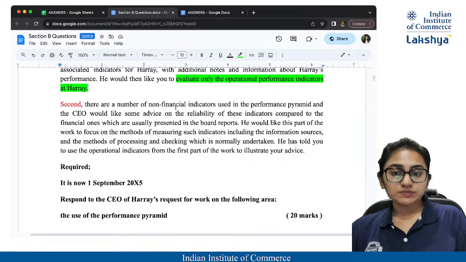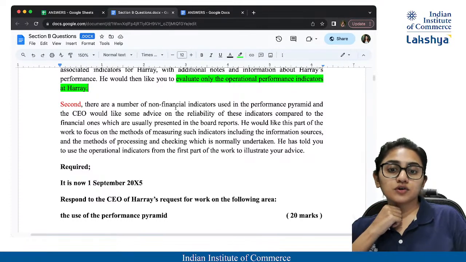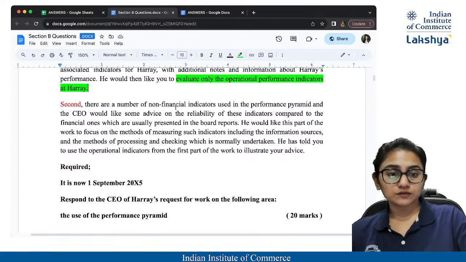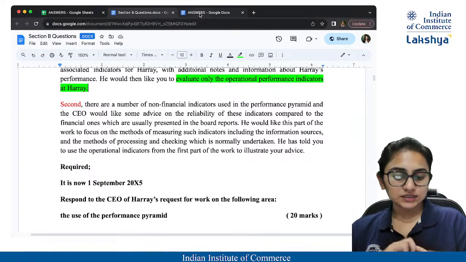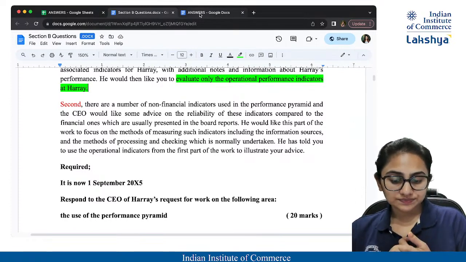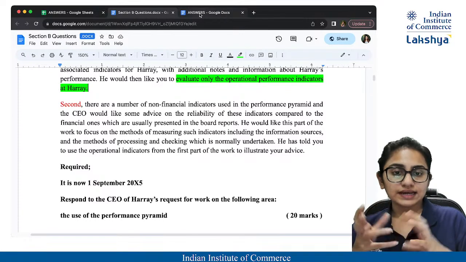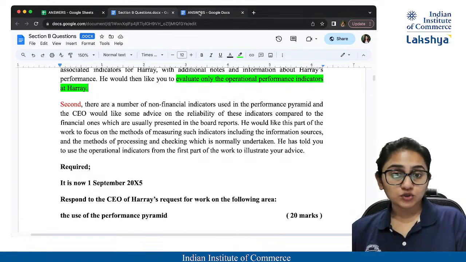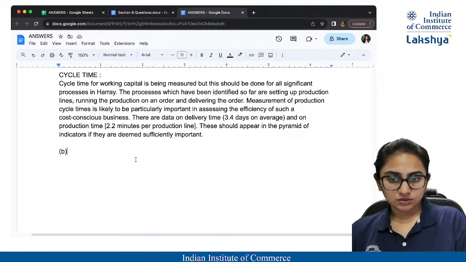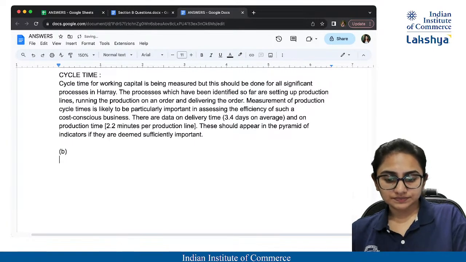He would like this part of the work to focus on the methods of measuring such indicators, including the information sources and the methods of processing and checking, which is normally undertaken. He has told you to use the operational indicators from the first part of the work to illustrate your advice. You can use the operational indicators. What are the operational indicators? Like the time, cycle time and all of that. But you have to talk about non-financial indicators. So let's talk about the B part.